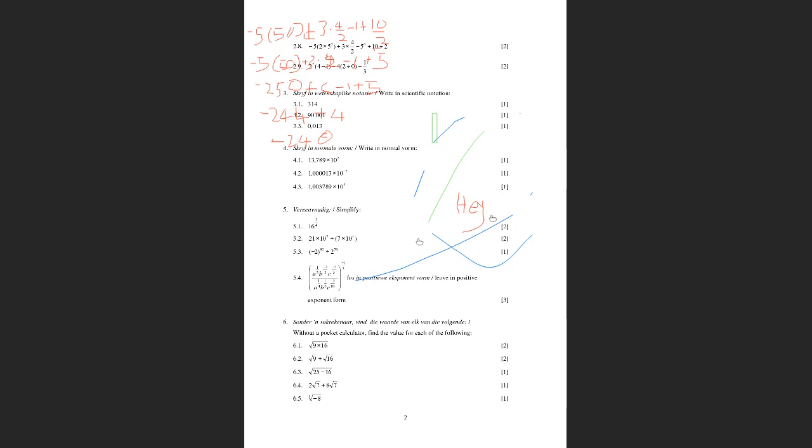Now, question 3 says that we must write the numbers there in scientific notation. So the first one is 314. Remember that in scientific notation, the base number must be from 1 to 9, between 1 and 10.